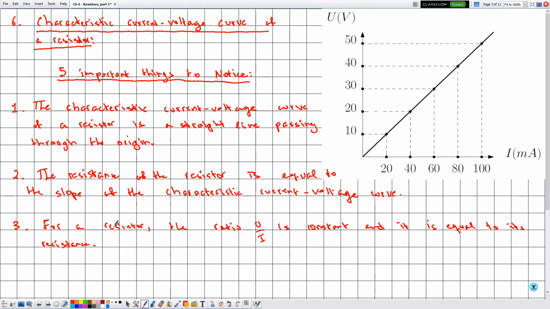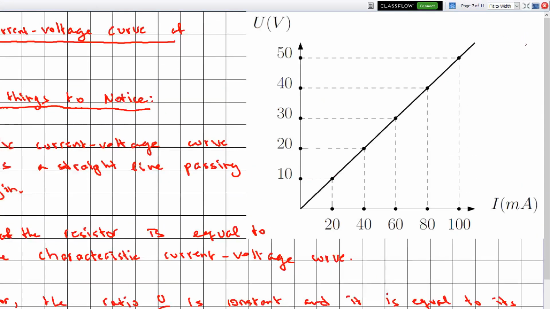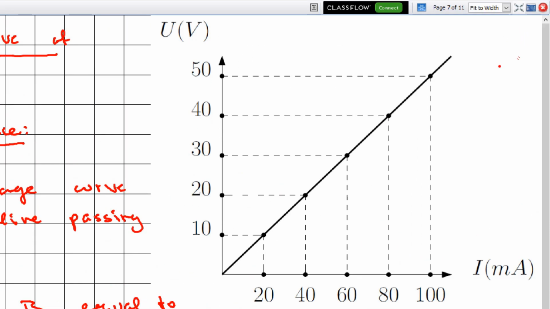So what do we mean by idea number 3? Now here, if we refer to this curve, let's choose the following point to be the point A.